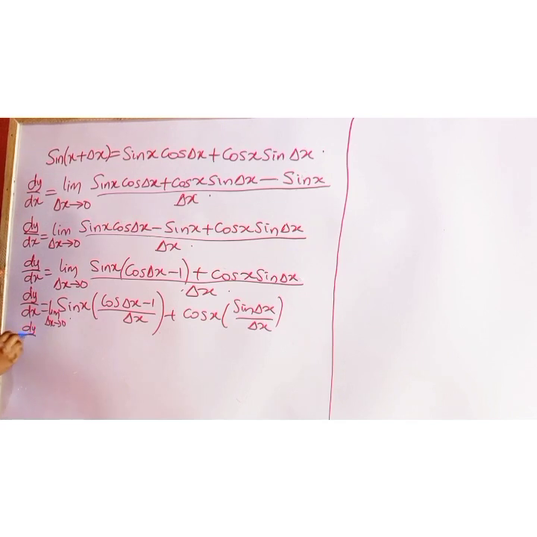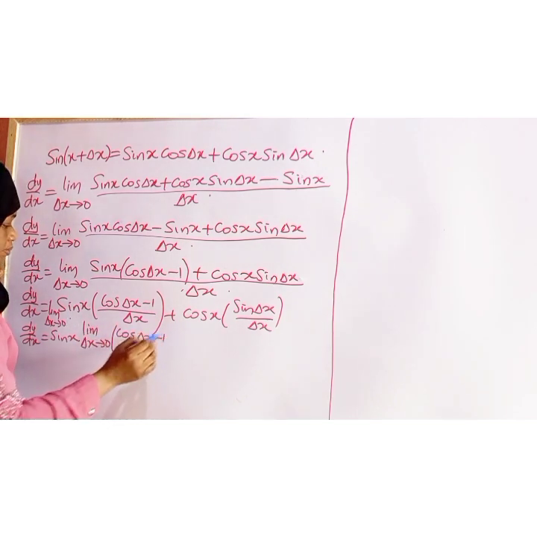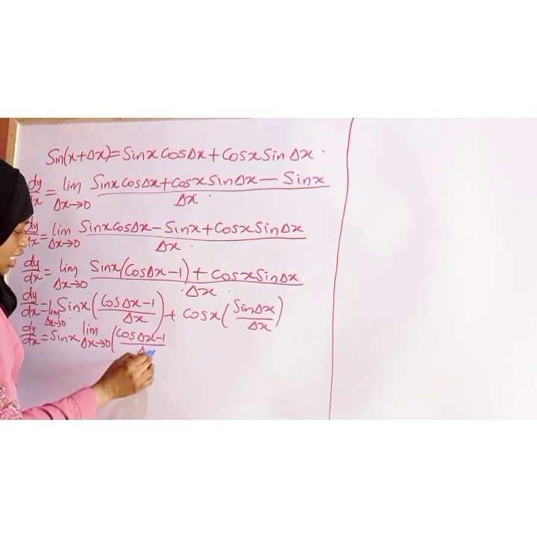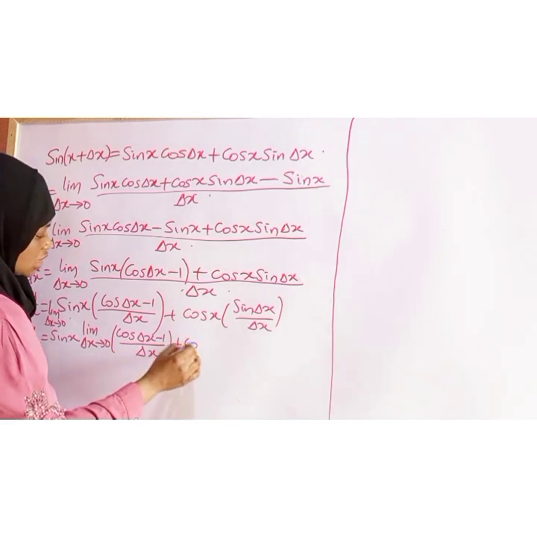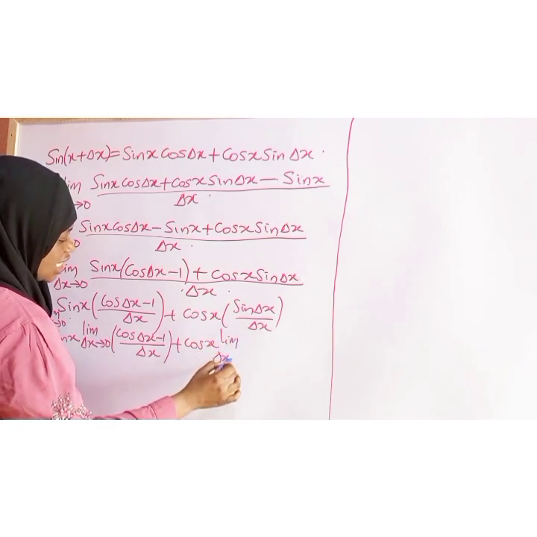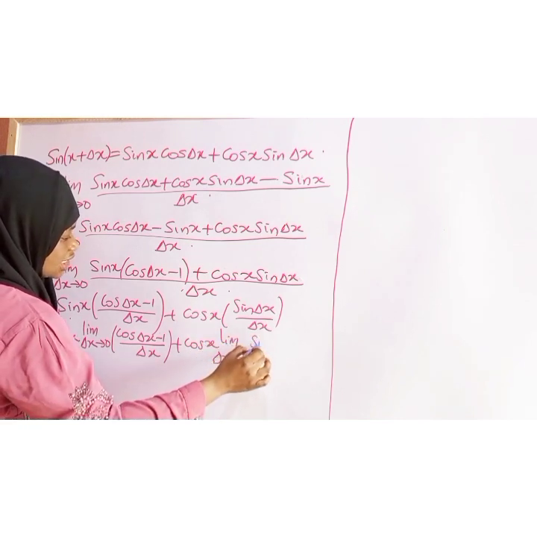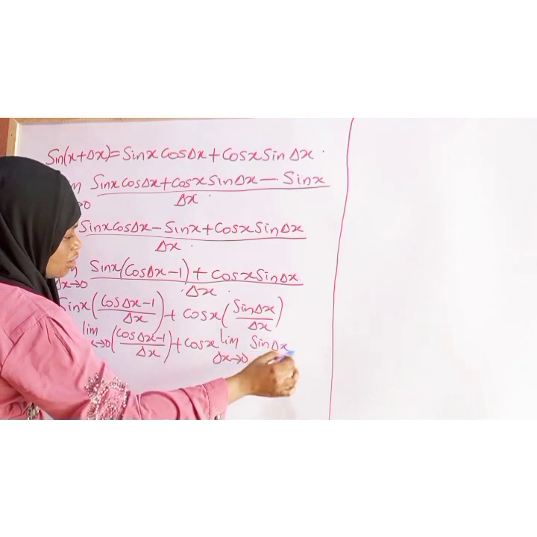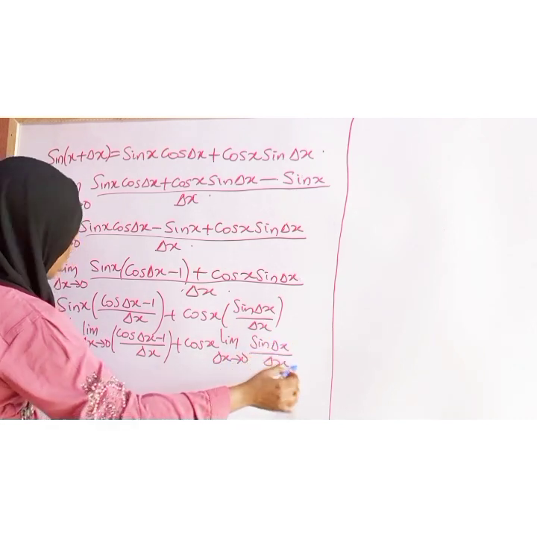So dy/dx will be equal to sine x, multiplied by the limit as change in x tends to 0 of cos change in x minus 1 over change in x, plus cos x, then the limit as change in x tends to 0 of sine change in x over change in x.